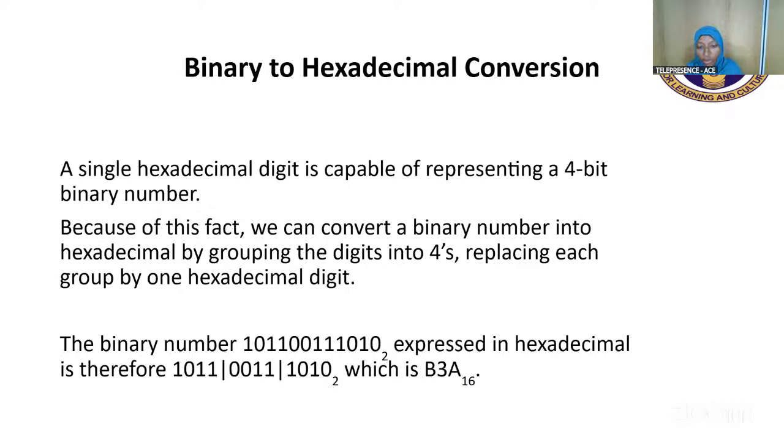From binary to hexadecimal, it is very possible to convert. You have seen how we have been converting from other bases to decimal. We converted from binary to decimal, from octal to decimal, then from hexadecimal to decimal. So how do we convert from binary straight to hexadecimal?